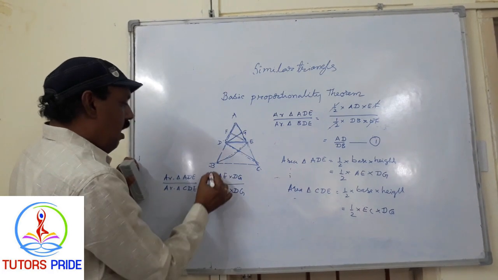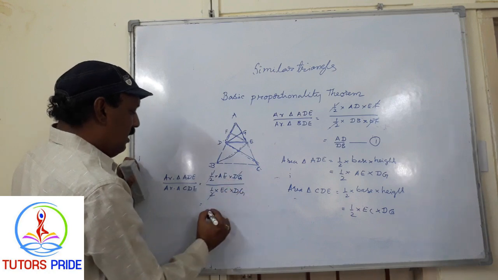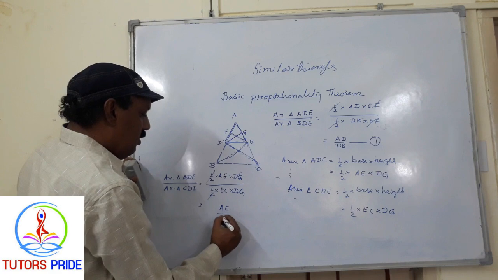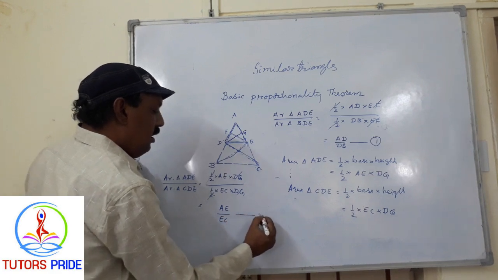In this case, the half and DG cancel, and the final ratio is AE by EC. And this is equation 2.